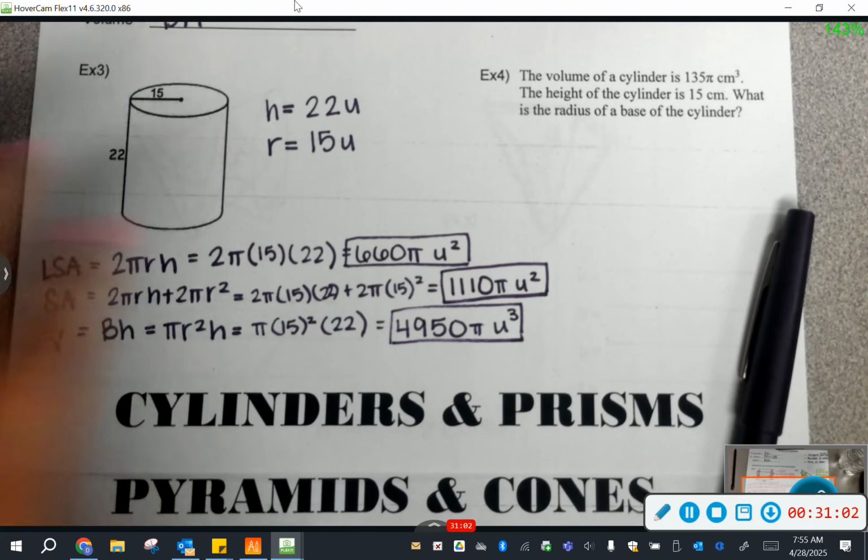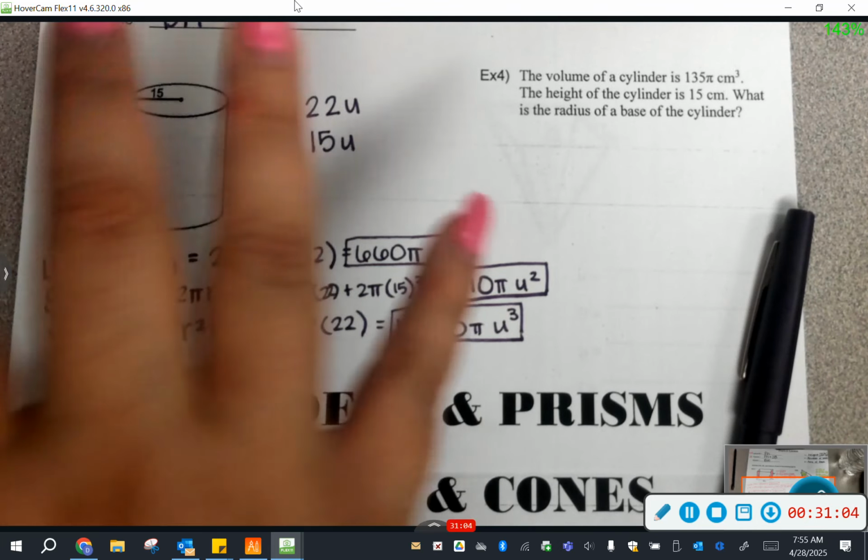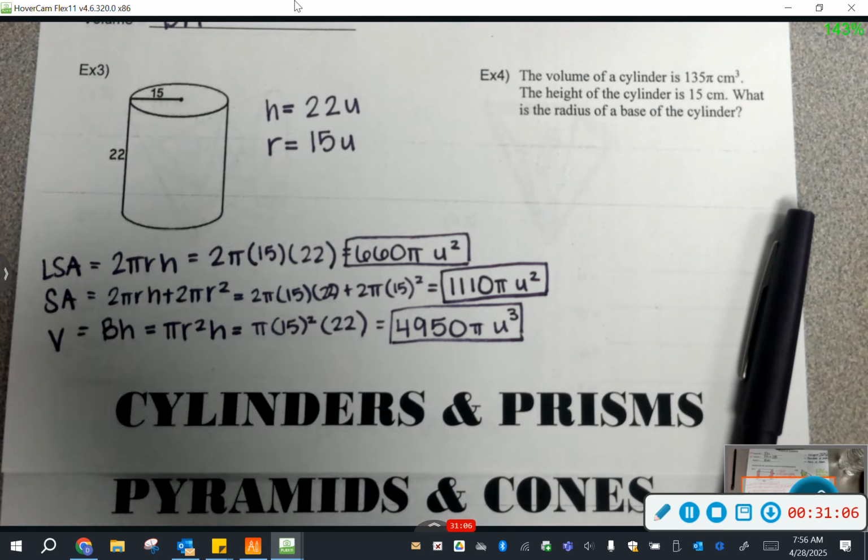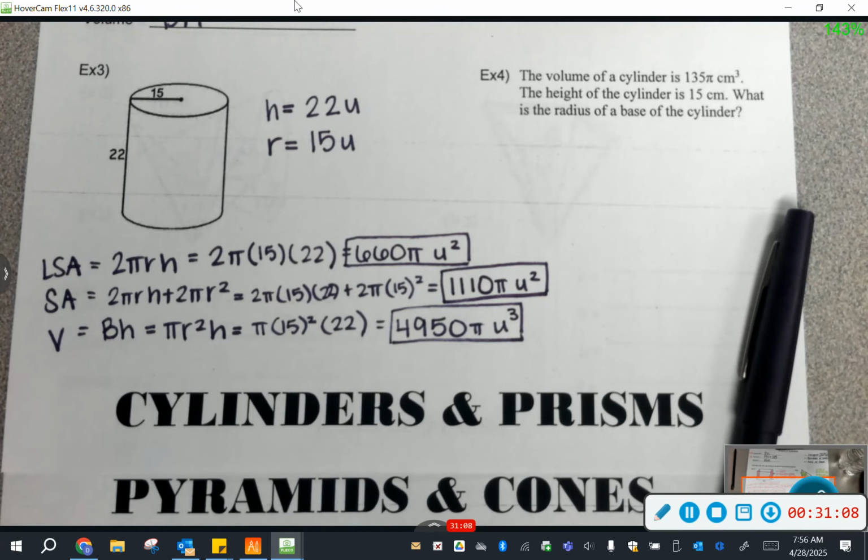I know cylinders right now seems a little menacing. Like that seems like a lot, right? But once you get to practicing, you're just plugging into a formula. It won't be bad. Okay?